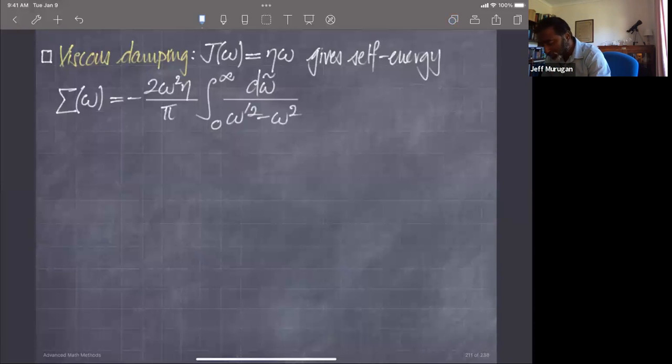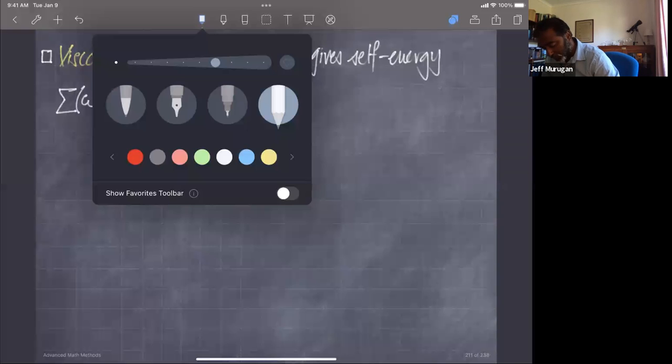And I'm going to really be concerned with this integral here.